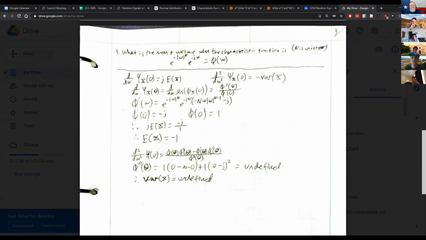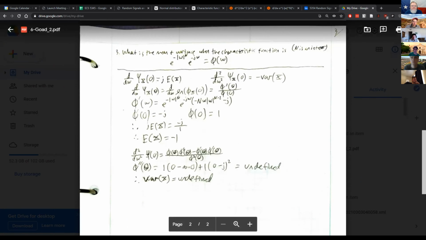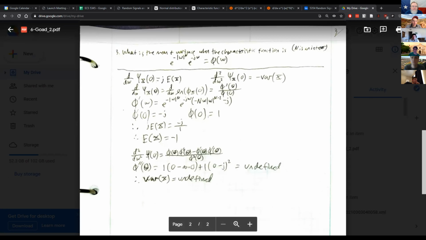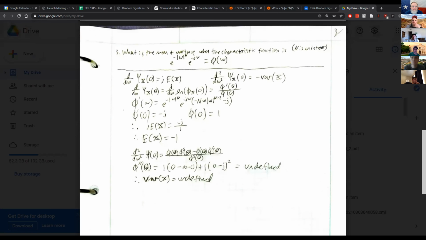So take the derivative of the characteristic function it gave you. It's this lovely equation here. Plug in 0 for that, you get minus j. You plug in 0 to the original equation, you get 1. So j E[X] is minus j over 1. So E[X] is minus 1.